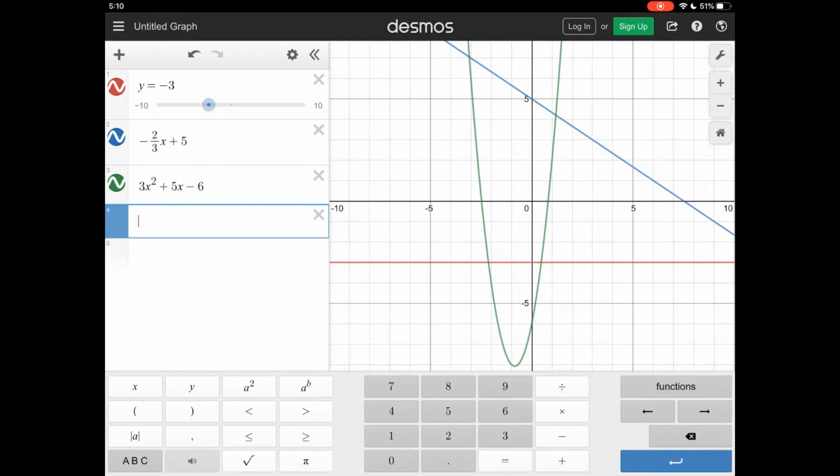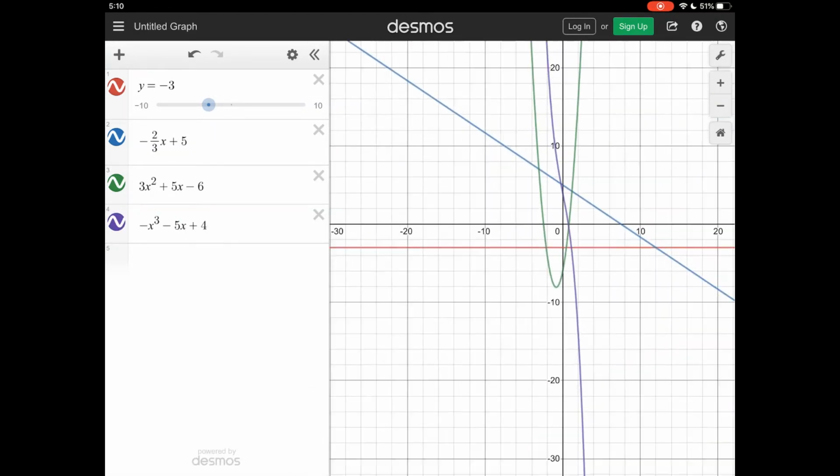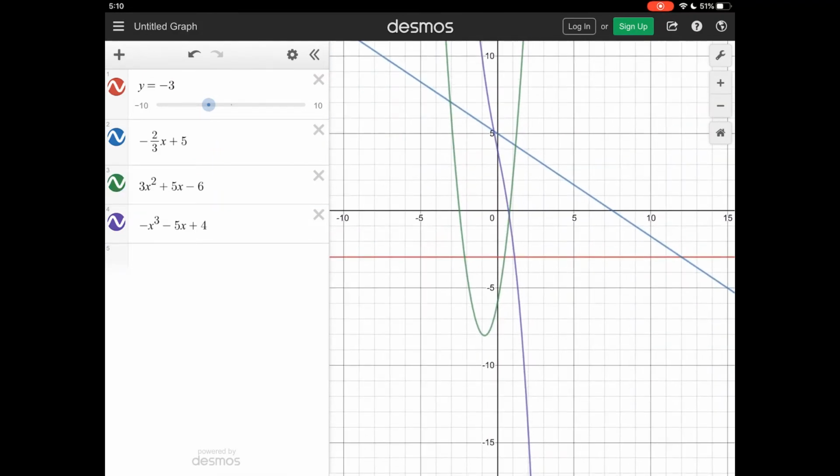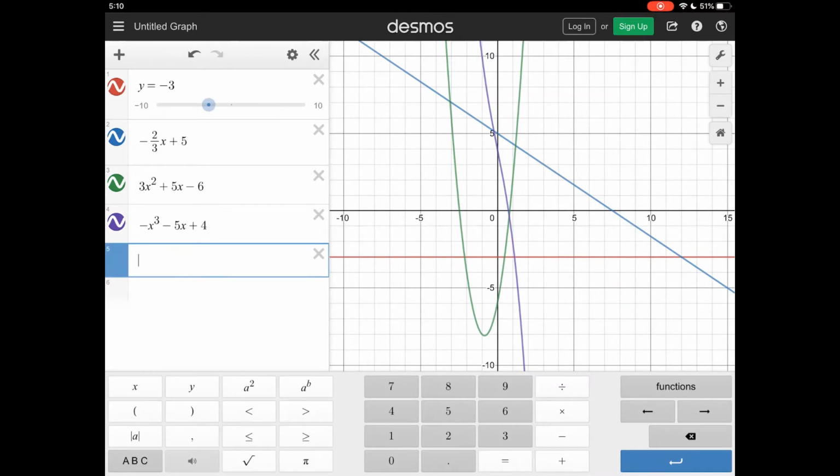And what if I were to do -x to the power of 3 minus 5x plus 4? And if I were to zoom out here, again, smooth, it is continuous, no breaks, sharp edges. And one last one, what if I were to do x to the power of, I don't know, 6?